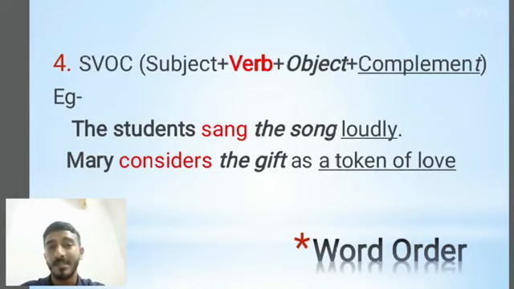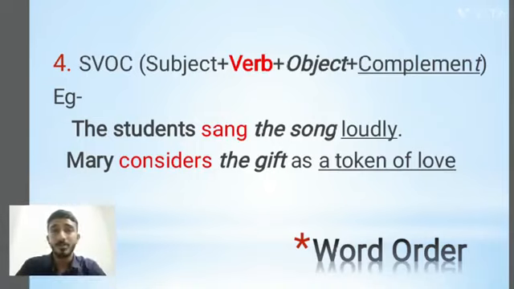I hope you can see the same example on the screen too. The students sang the song loudly. How can we classify this according to the SVOC pattern? The students, subject; sang, verb; the song, object; and loudly, a complement. Right, SVOC.